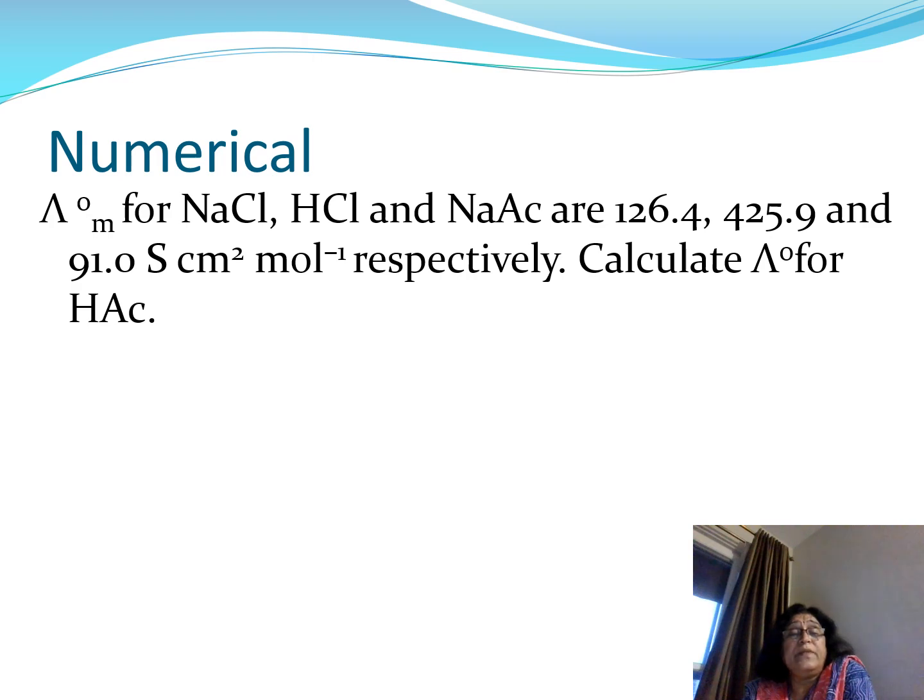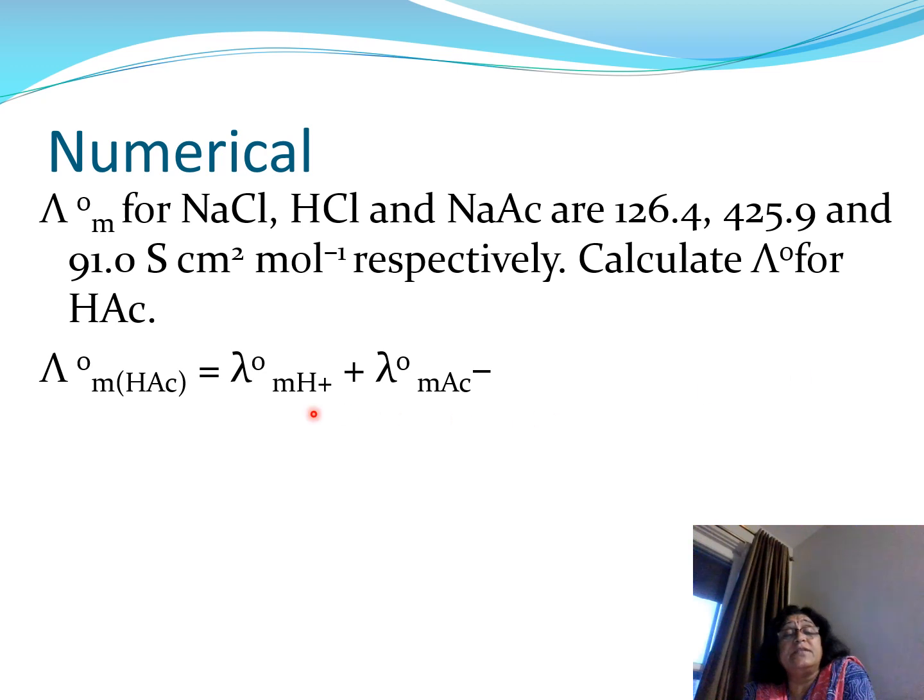Now this numerical. Here the molar conductivities for NaCl, HCl and sodium acetate are given as 126.4, 425.9 and 91 Siemens centimeter square per mole. They've asked you to calculate the molar conductivity at infinite dilution for acetic acid. Now for acetic acid, it is equal to the ionic conductivity of H plus and the ionic conductivity of acetate ions.